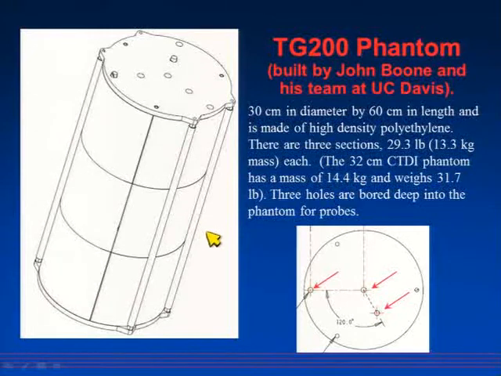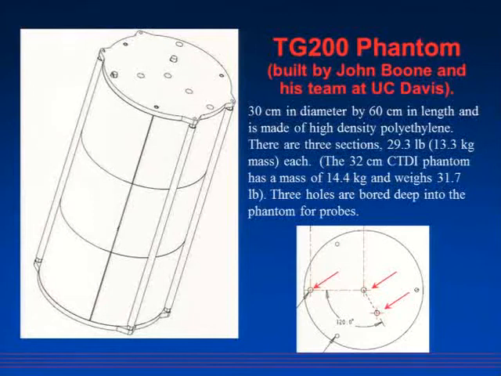Okay, so TG 111 suggested that we use a longer phantom, and the TG 200 phantom, as built by John Boone and his team at UC Davis, is such a cylinder. It's 30 centimeters in diameter, 60 centimeters long, and is made of high-density polyethylene, which is relatively easy to get and not too expensive. It's a little lighter in weight, but this is heavy.